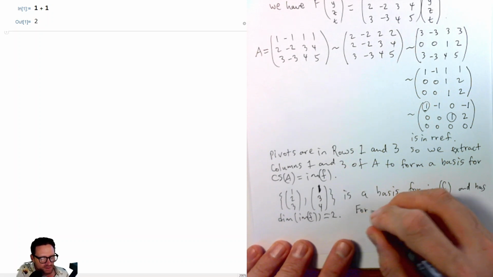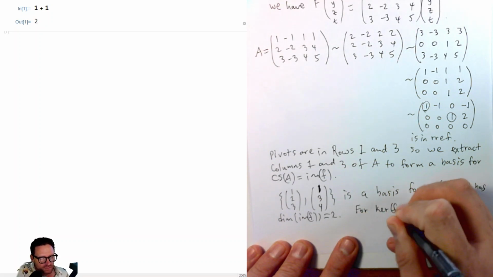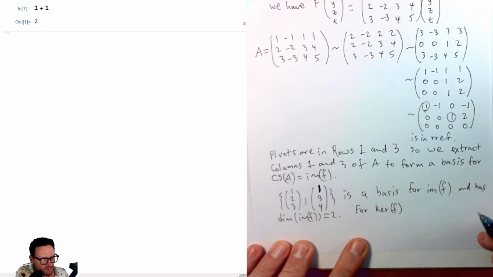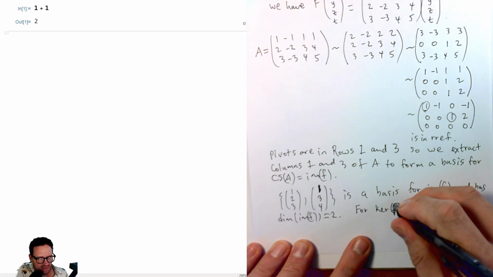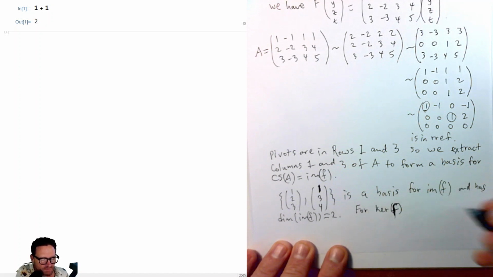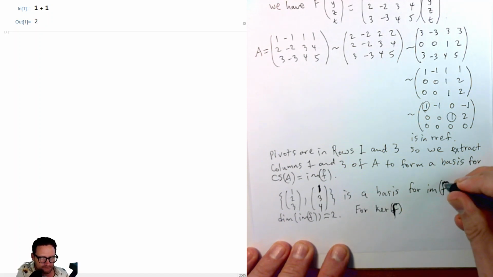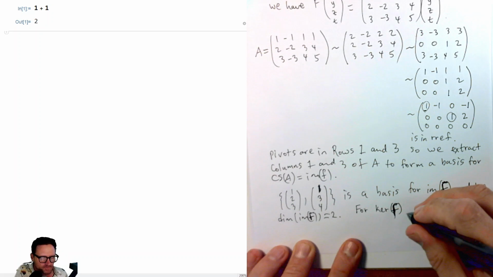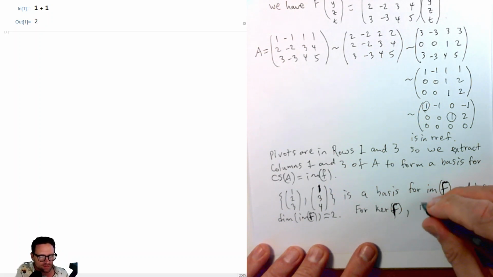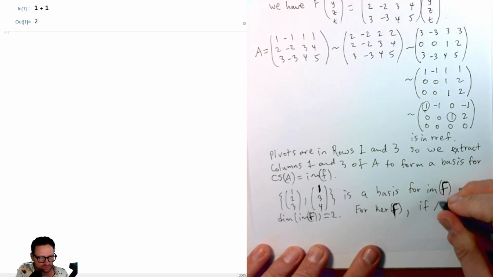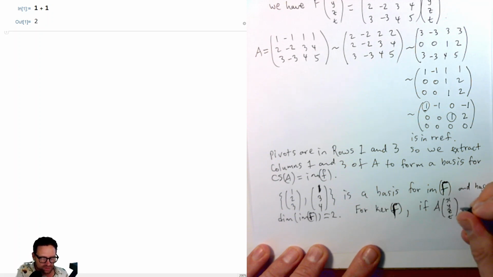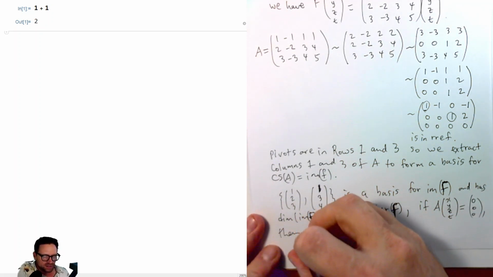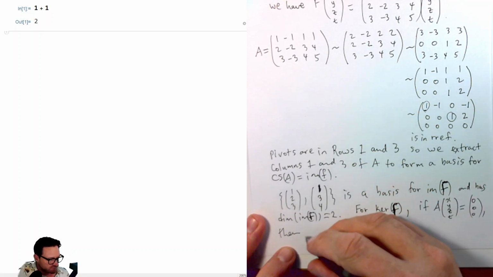So for the kernel of F, I guess that's uppercase F. Likewise here as well. If we have A times x, y, z, t equal to 0, 0, 0, then it's the case for the row reduced echelon form too.